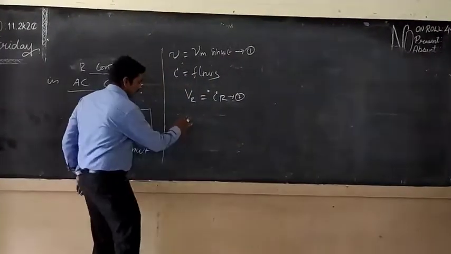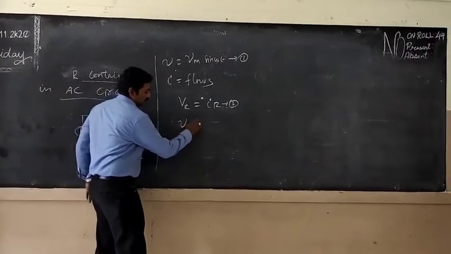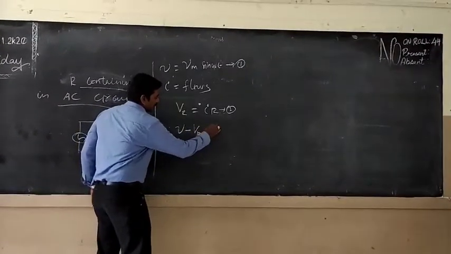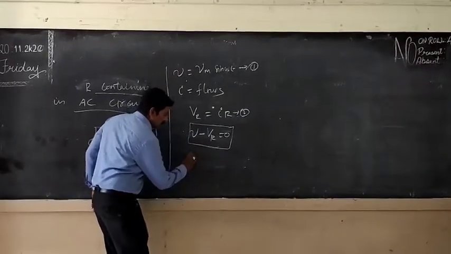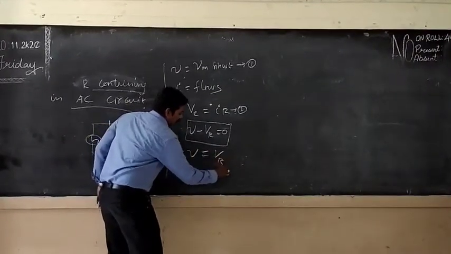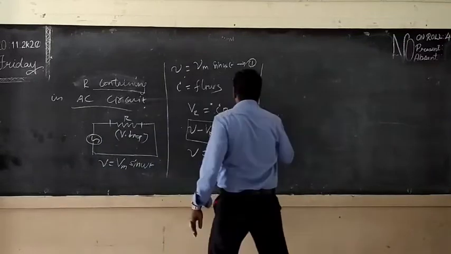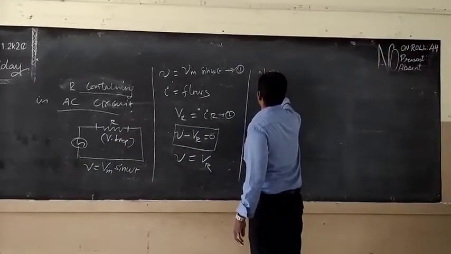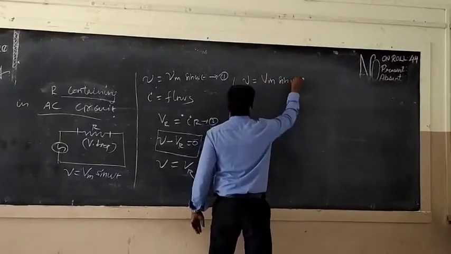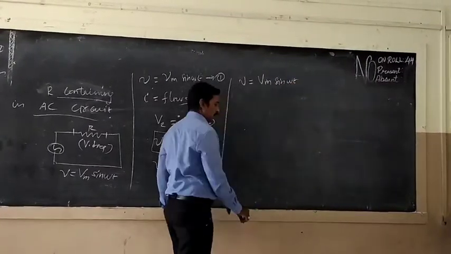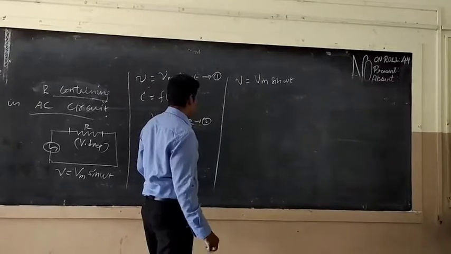That means V minus VR is equal to 0. This is very, very important. Now we have to substitute: V is equal to VR. We know very well the applied voltage V is equal to Vm sin omega t. Now we substitute the value of VR.